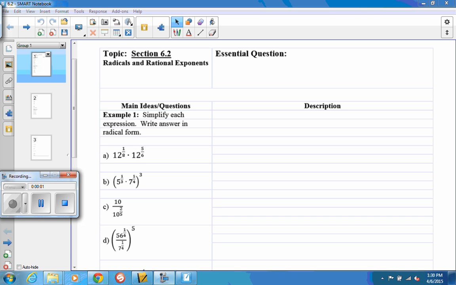Guys, all the properties that we've talked about with exponents and with radicals. Actually, moving over there should be better for you. We're transitioning.